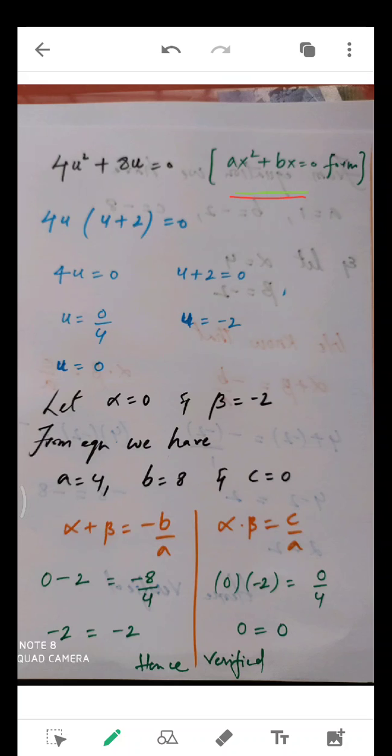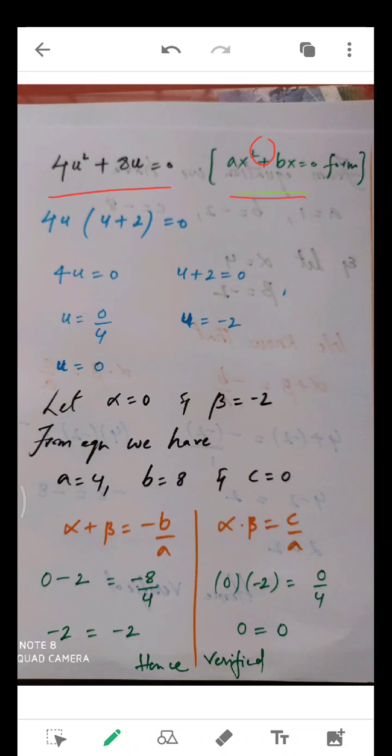As the degree is 2, the highest power is 2, so this is still a quadratic equation. When you get a quadratic equation of this form, in which the last term is missing, you should not use the splitting of the middle term method.